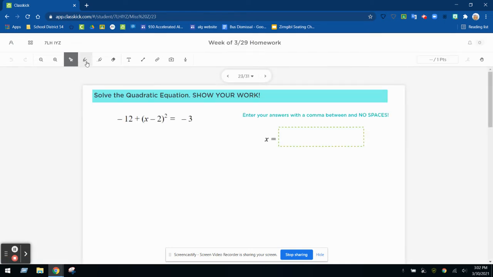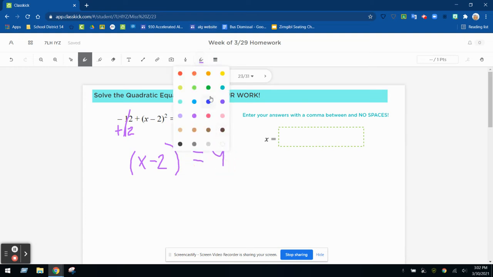All right, so this is a good example where we cannot just get an answer and make it negative or positive, and I'll show you why. So let's start by adding 12. Our goal is to isolate whatever is squared first. Right, so I'll get x minus 2 squared equals 9.